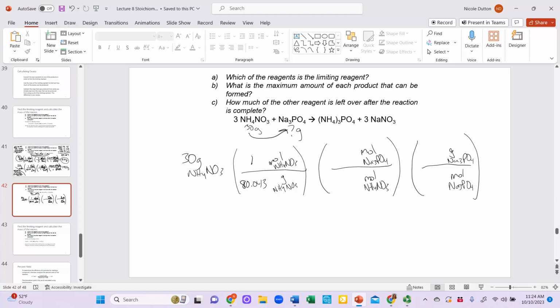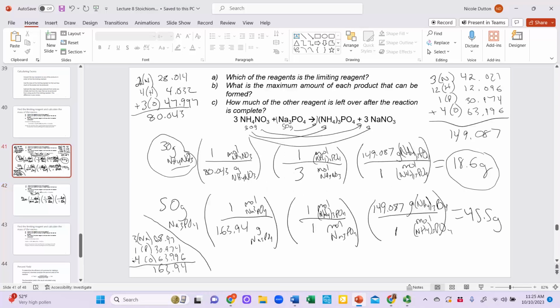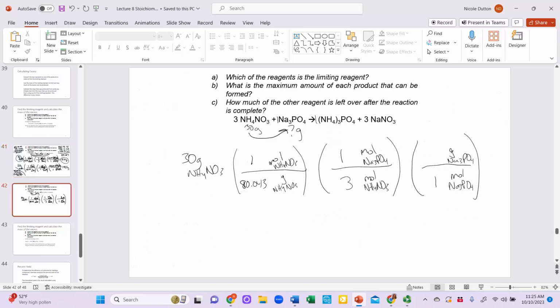Now over here, we're using the mole to mole ratio, so we're going to use the coefficients that we have in the problem. So there's a number 3 in front of NH4NO3 and a number 1 in front of Na3PO4. Here, we're using 1 mole is equal to the mass from the periodic table. So to calculate the mass of Na3PO4, it's 163.94 grams, which we calculated previously.